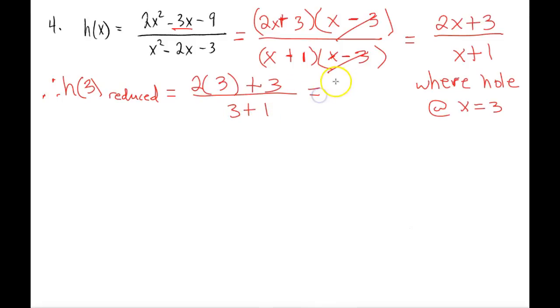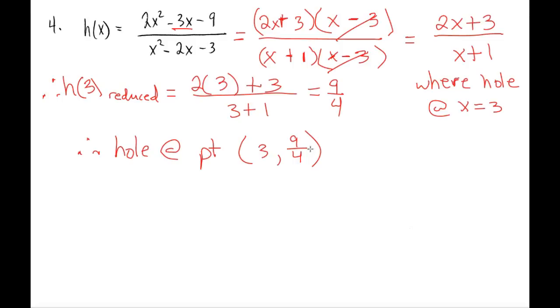So that ends up giving us just 9 over 4, or 2.25 if you want to think about it in terms of decimals. Alright, so we know that this function has a hole located at the point 3, 9/4, which is 3, 2.25, as far as the x and y coordinates respectively.